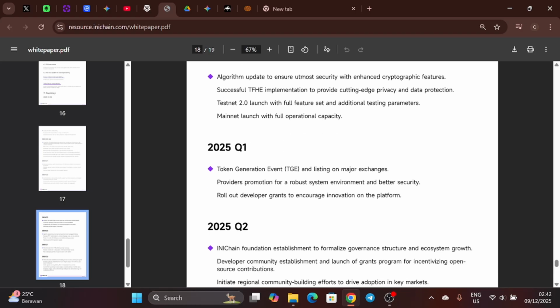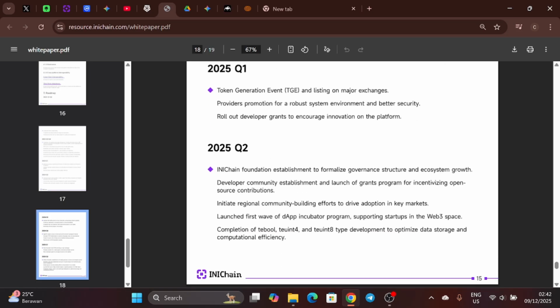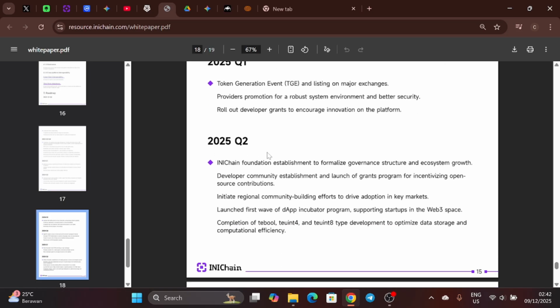Alright. 2025 Q1: token generation event and listing on major exchanges. Promotion of a robust AI system environment and better security. Roll out developer grants to encourage innovation on the platform. Nice. So 2025 Q2: INICHAIN Foundation established as a formalized governance structure for ecosystem growth.